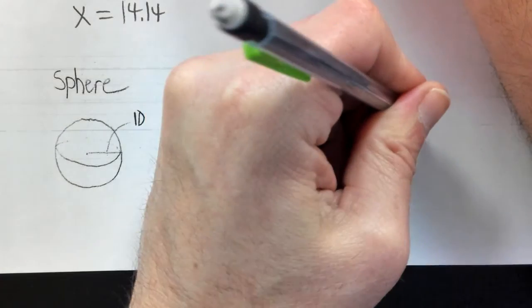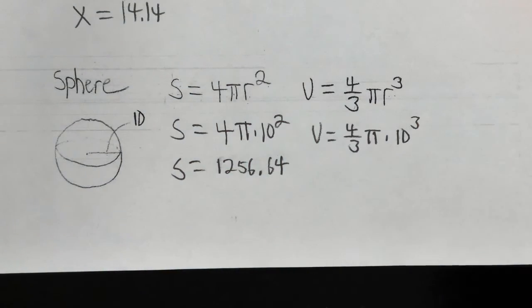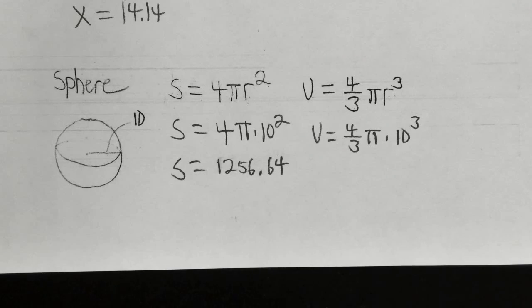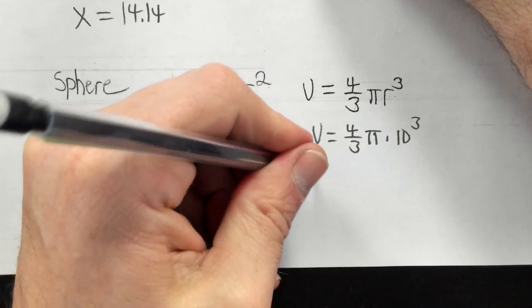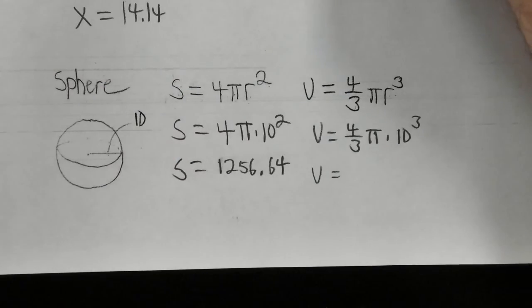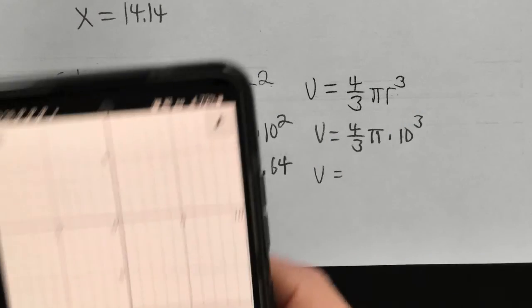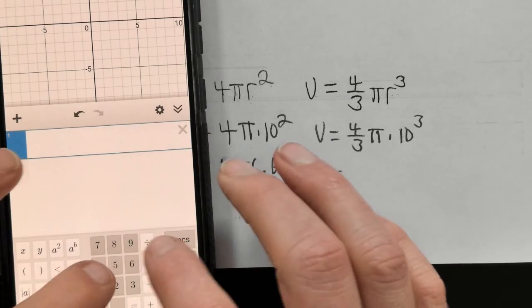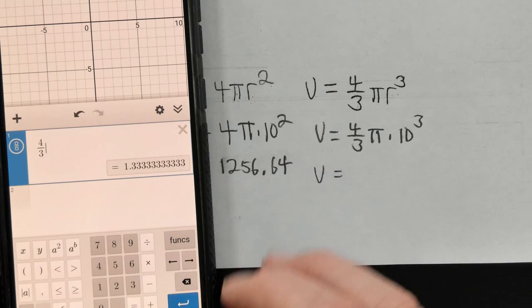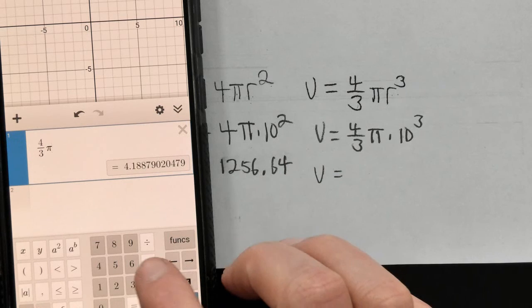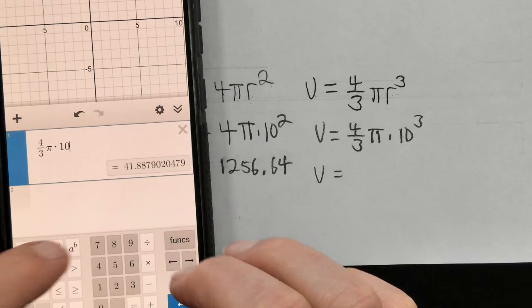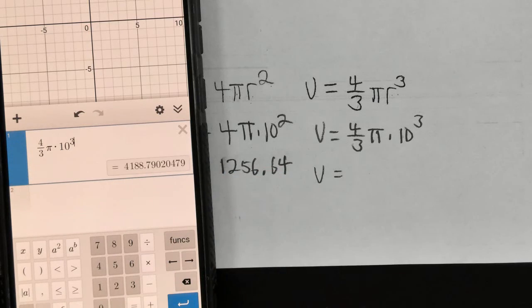And the volume is just as simple, 4/3 pi times 10 to the third power. Now do notice that that's third power and not squared. You're so used to writing squared all the time. Don't make that mistake. Make sure you recognize that it is third power, by the way. All right, so 4/3 pi times 10. We have to raise that up to the third power.